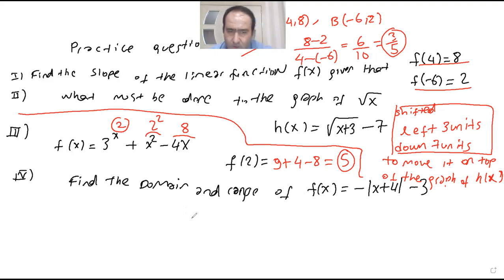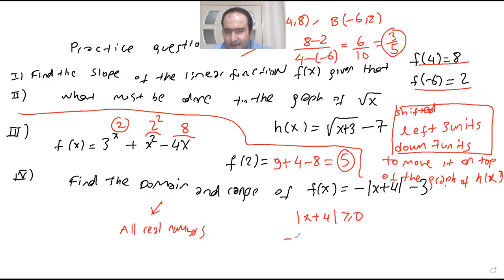So the domain is all real numbers, I think. But the range, let me look. Okay, absolute value of x plus 4 is equal to 0 or greater than 0.